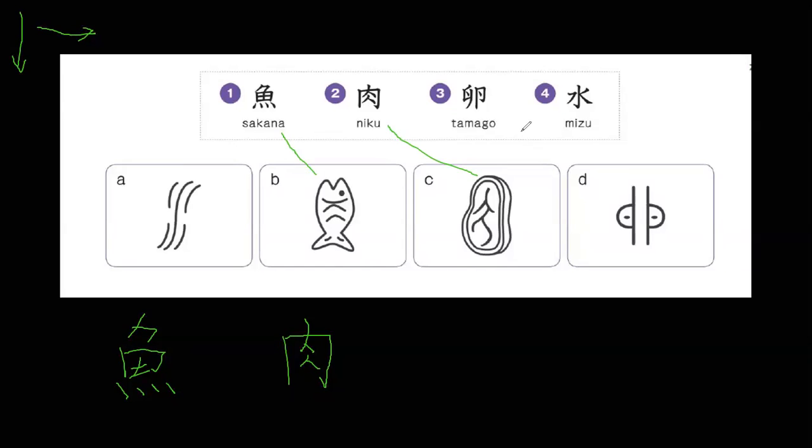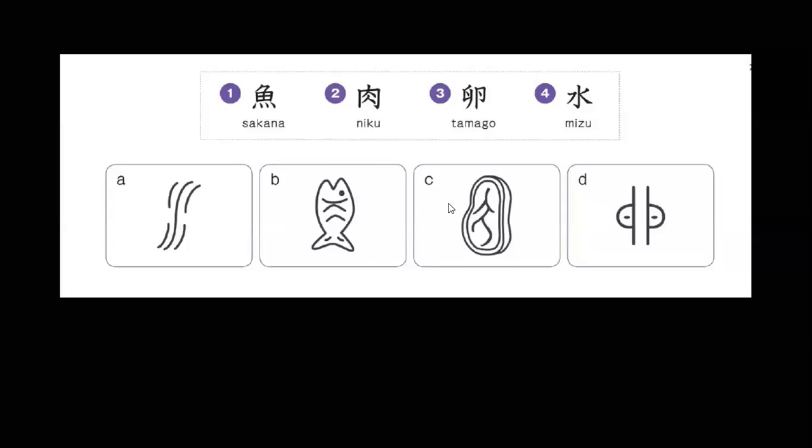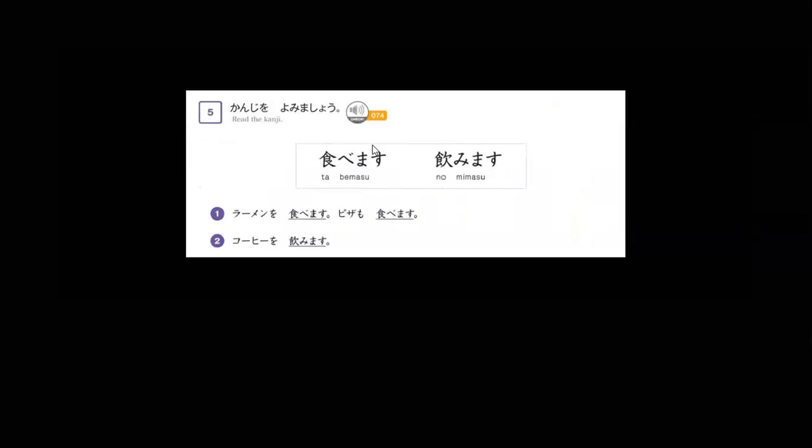And third, tamago, here. Last, mizu, that means water. Okay, it's not so difficult, I think. Next.